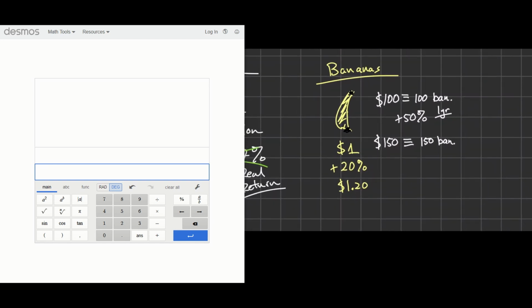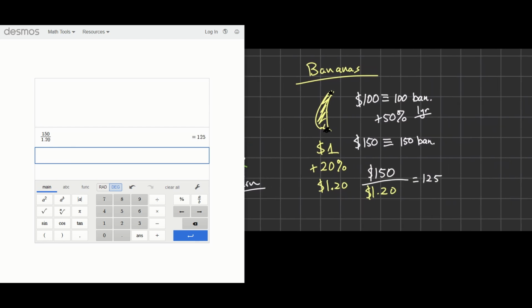Well, this is pretty easy to figure out because you have $150 and a banana costs $1.20. The question is just how many bananas can you buy? So we can do some quick division here: 150 divided by 1.2. I could buy 125 bananas. That's my purchasing power now of my $150.